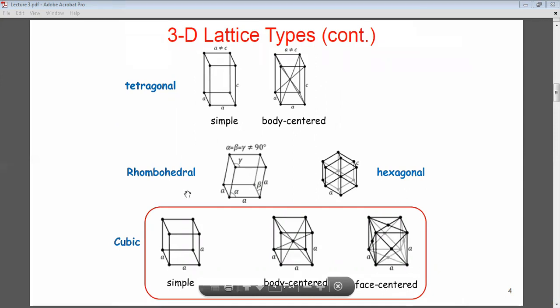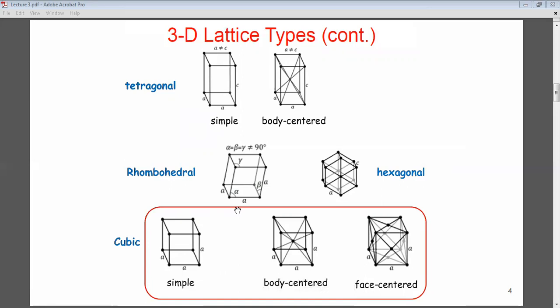The last one, which is also very important for us, is the cubic case, where we have a simple cubic. We have all the sides equal and all the axes perpendicular. You can look at the other ones and see exactly how we refer to them.